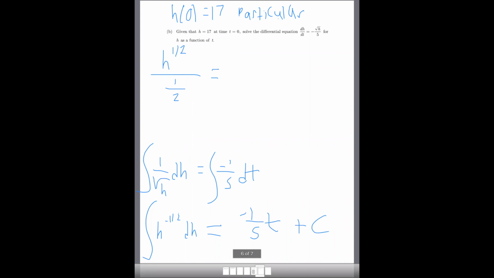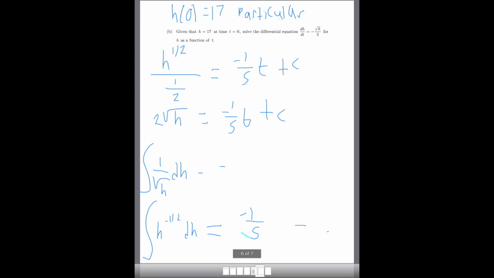And you don't need to write the plus c again, it's only once. That simplifies to basically 2 radical h is equal to -1/5t plus c. Okay? I'm going to continue.